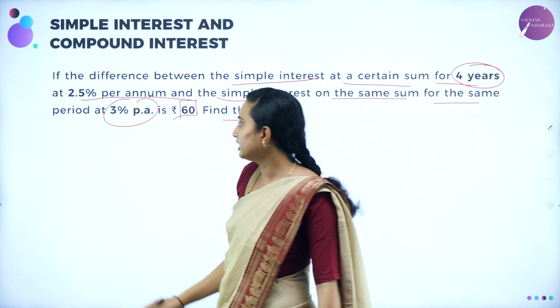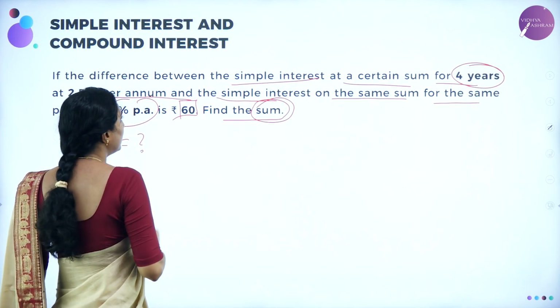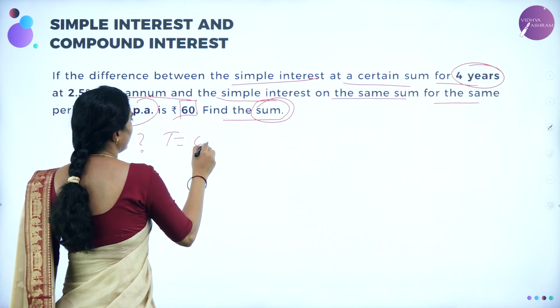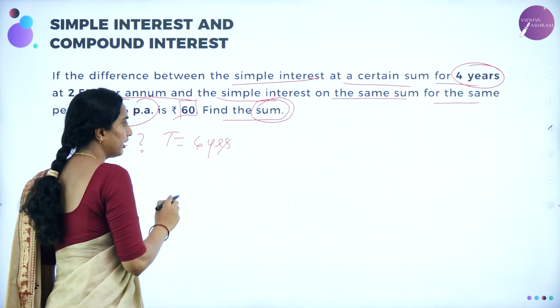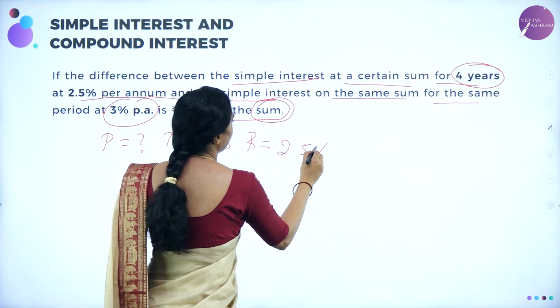Now, let me take it as P, we don't know what it is. And then T is equal to 4 years, they have given, correct. And the rate of interest R, they have given it as 2.5% per annum, correct.